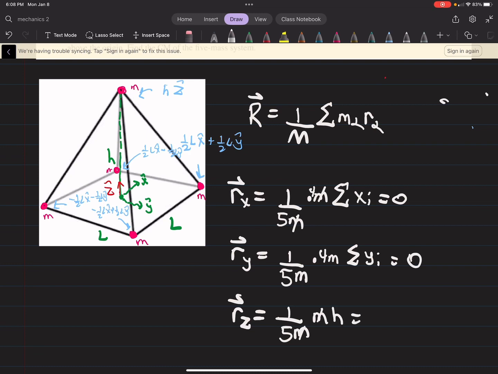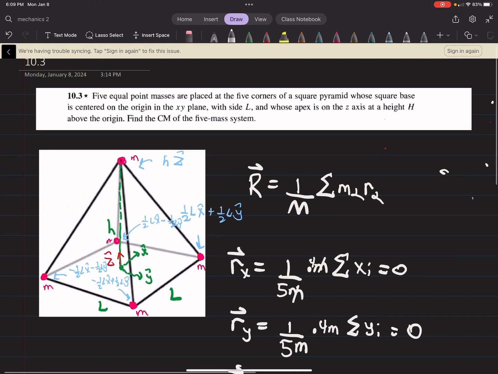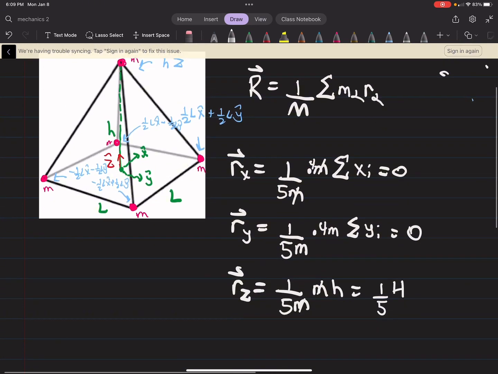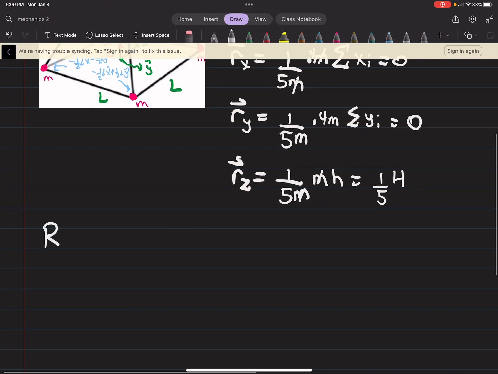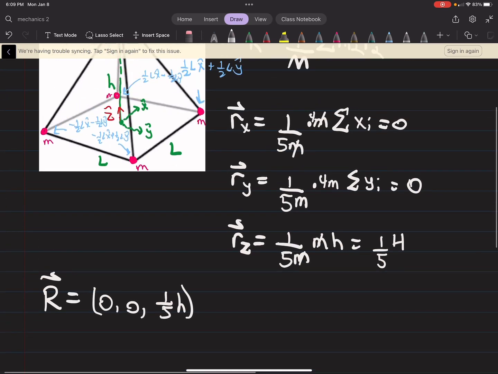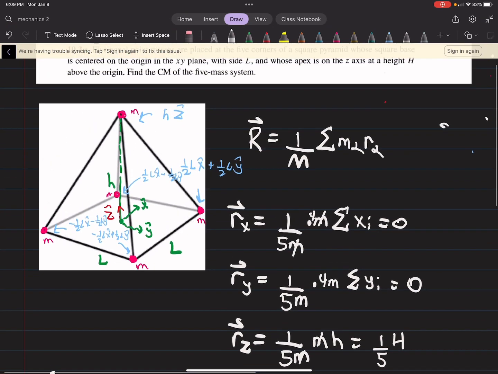Obviously the masses cancel and you're left with 1/5 h. So then big R is 0, 0, 1/5 h in vector notation. And that's the center of mass of the system.